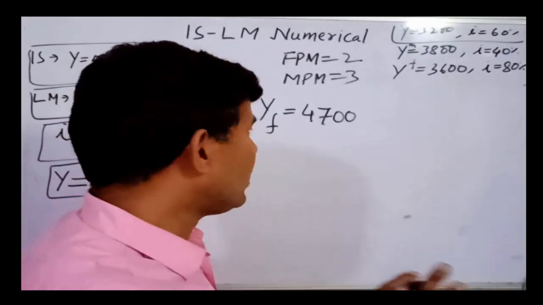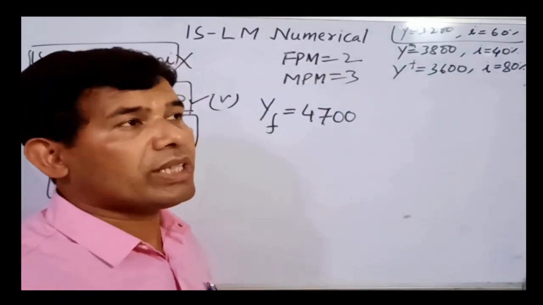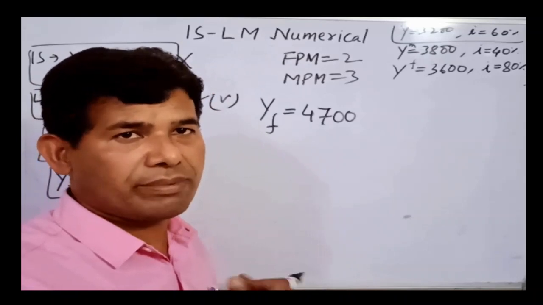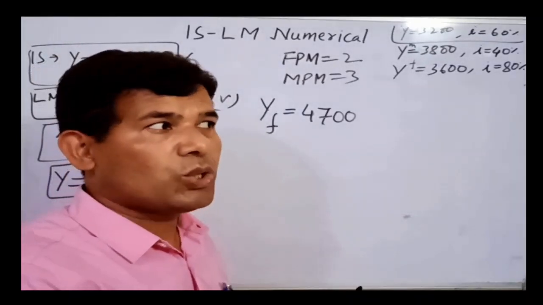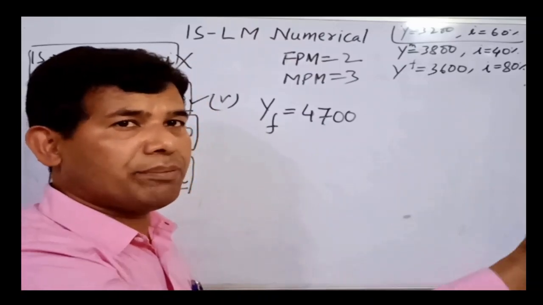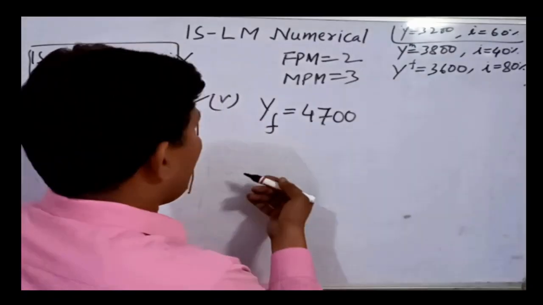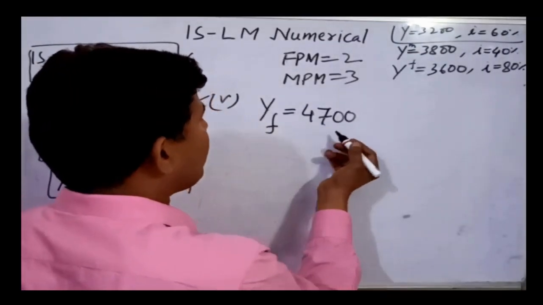Then you can easily estimate the required rise in government expenditure to reach full employment. How will you find out? You have the fiscal policy multiplier, so you know to what extent fiscal policy is effective. Then you can find the required change in government expenditure to change the level of GDP. How much must your GDP rise to reach the full employment level of output?